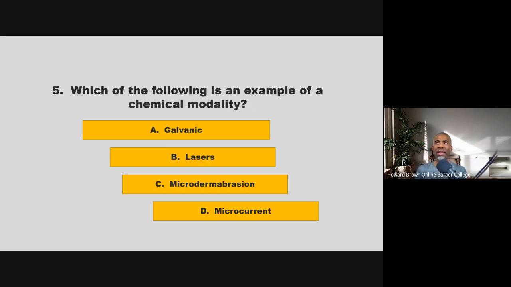Which of the following is an example of a chemical modality? Is it galvanic, lasers, microdermabrasion, or microcurrent? If you chose microdermabrasion, you are correct.